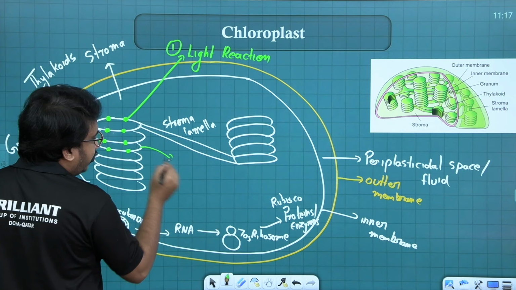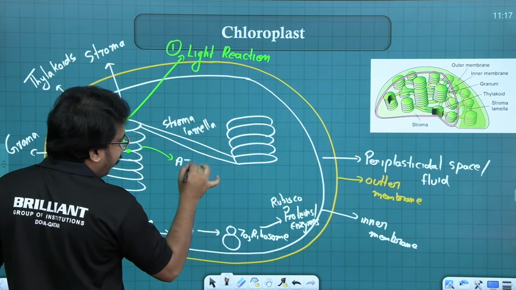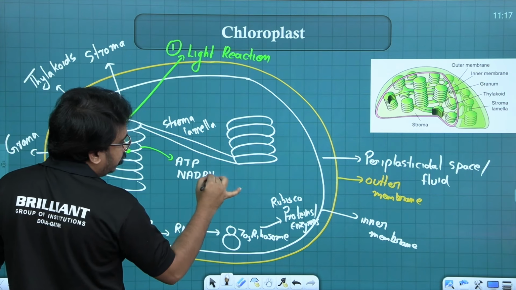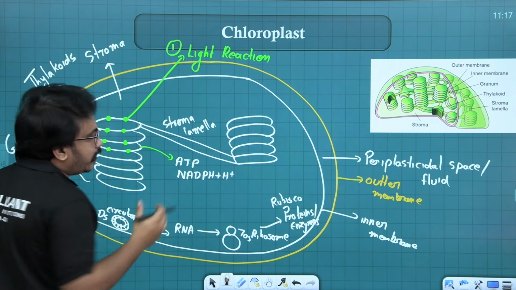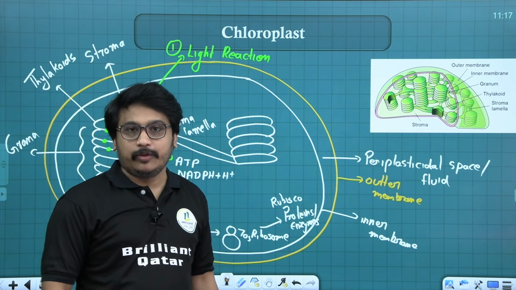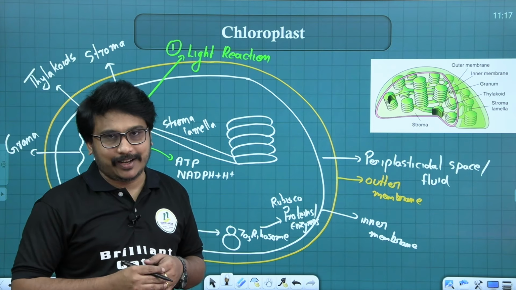They release this chemical energy into the stroma, that is ATP and NADPH, so NADPH plus H plus. Like this, chemical energy is produced in the grana using sunlight. This process is called light reaction.